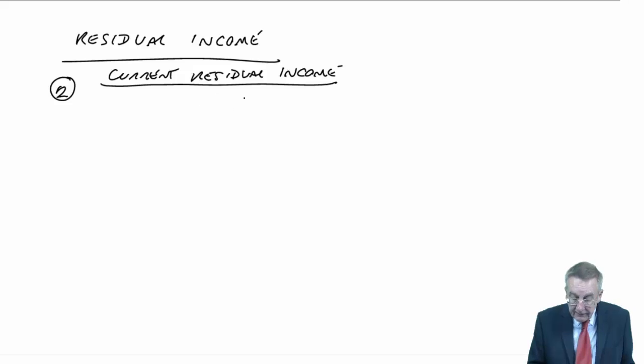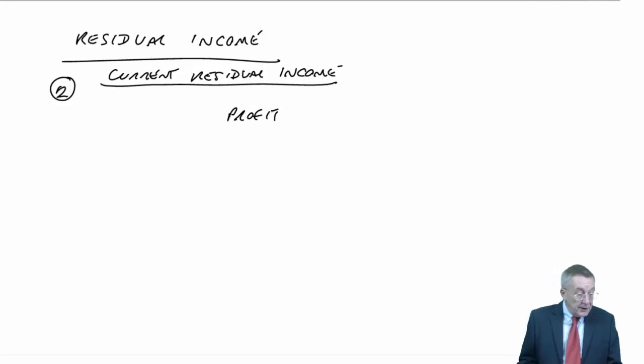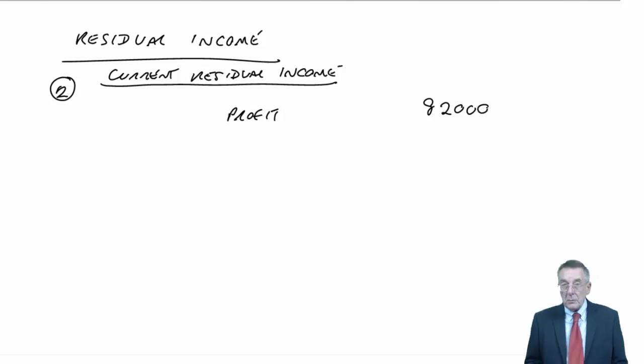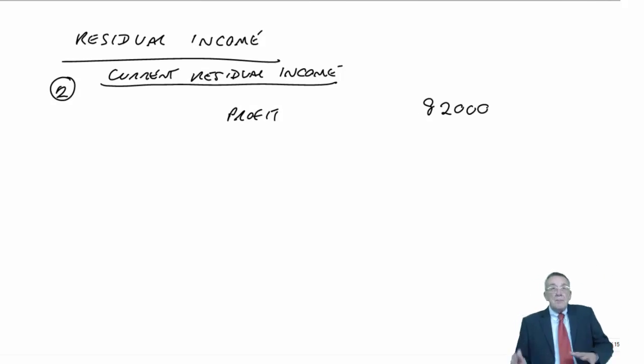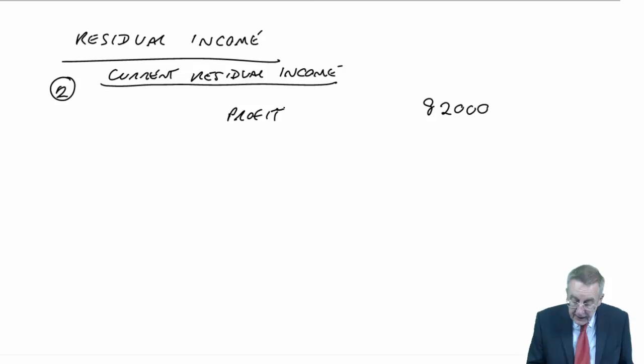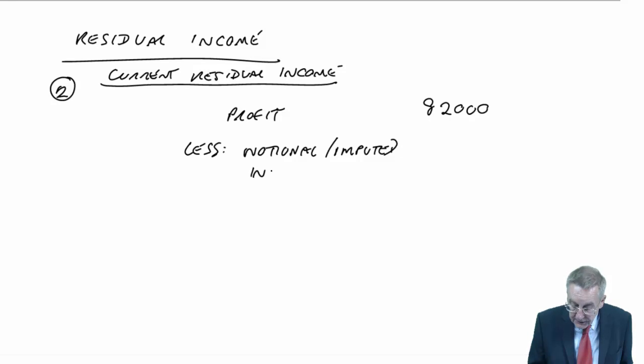We take the profit. And if the manager doesn't do the new investment, the profit is 82,000. But to relate it to the capital invested, we subtract what we call notional or imputed interest.